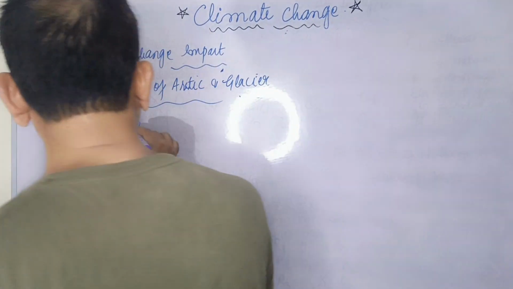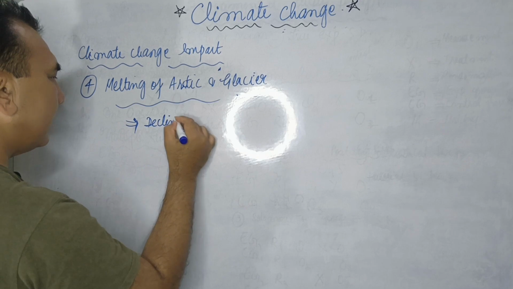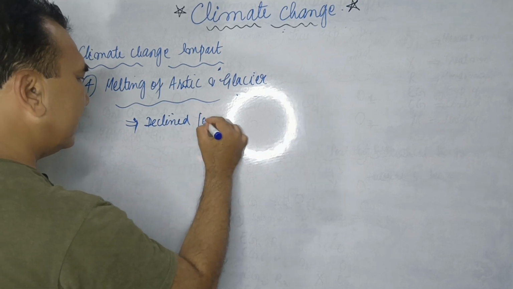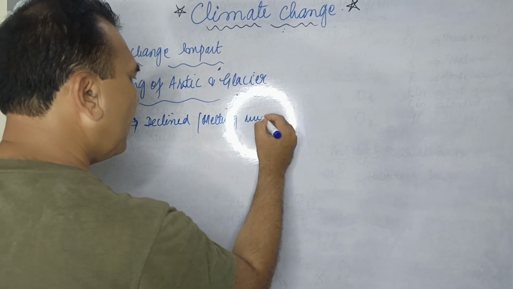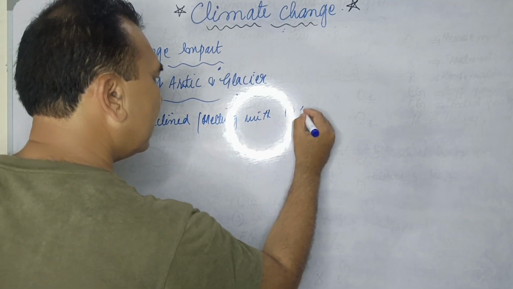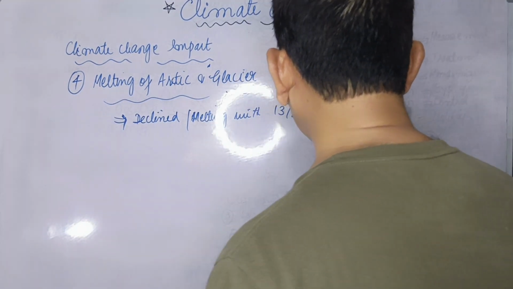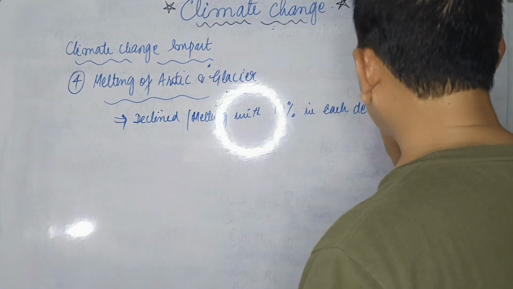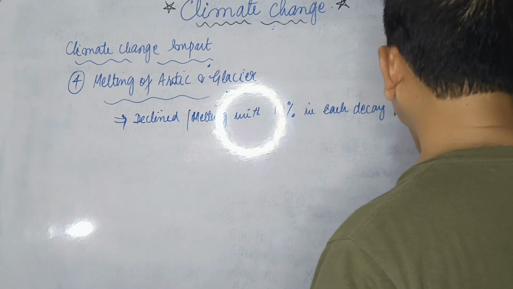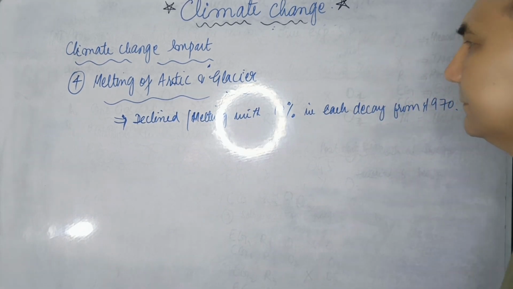They say it has been declining or melting by 13% in each decade from 1970.